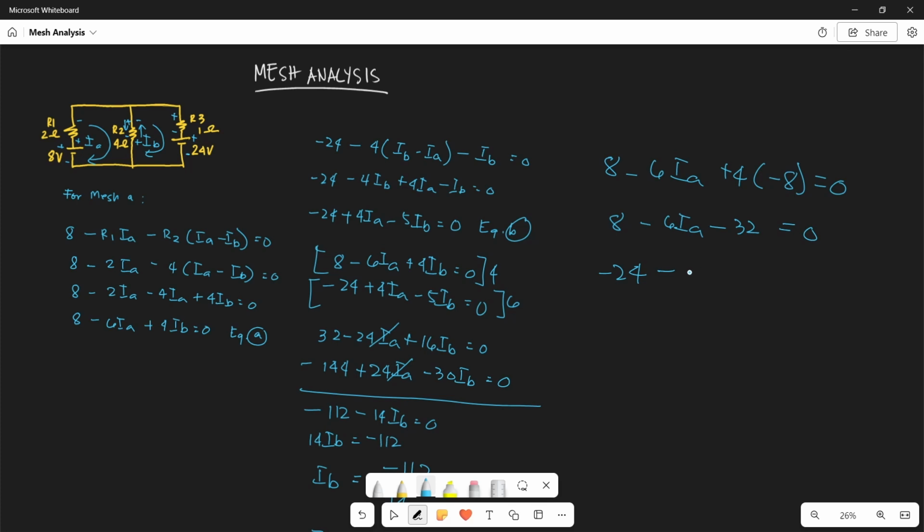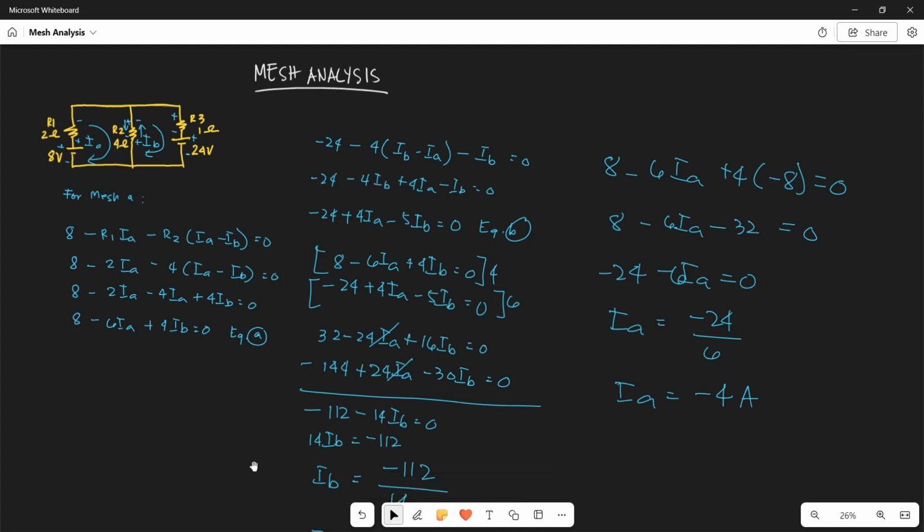minus 6 IA equals 0. So IA therefore, so 6 here will be negative 24 divided by 6. So therefore, IA will be negative 4 amperes. So just like the current IB, IA is also negative. Okay.